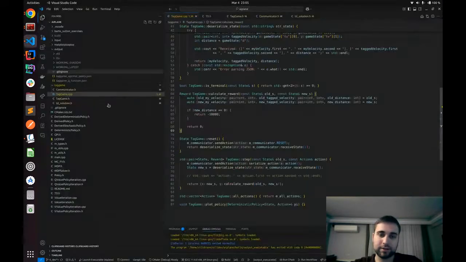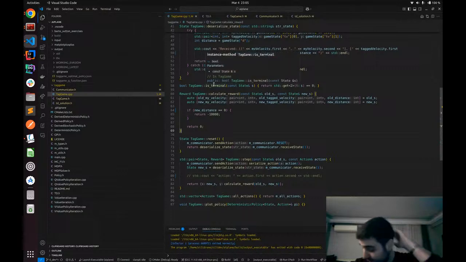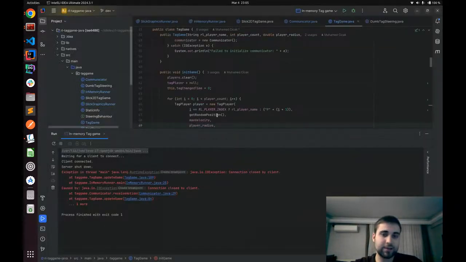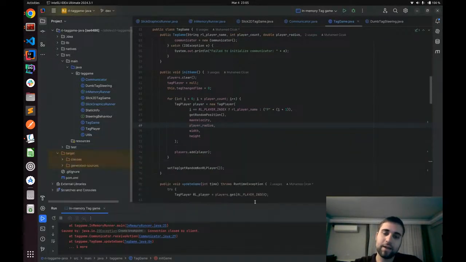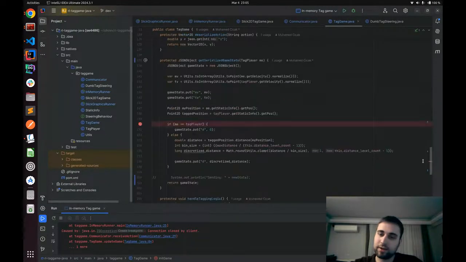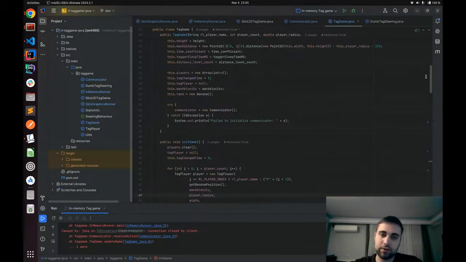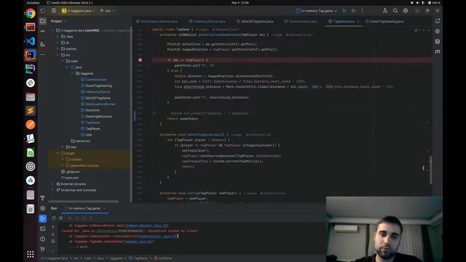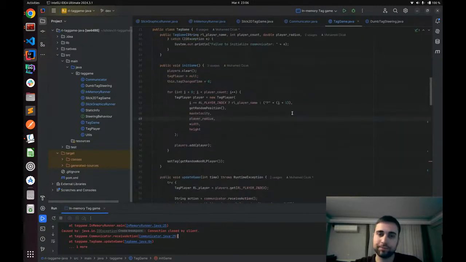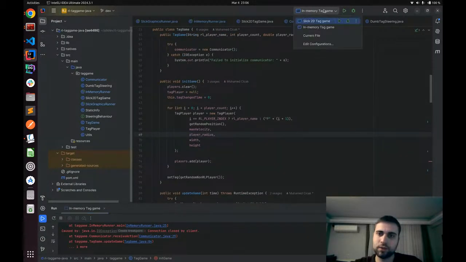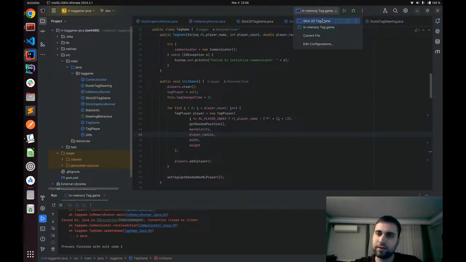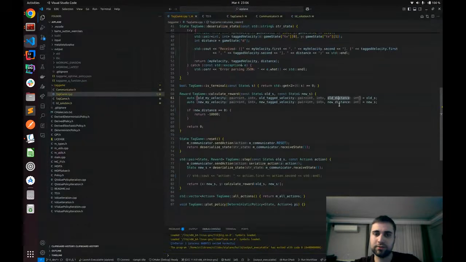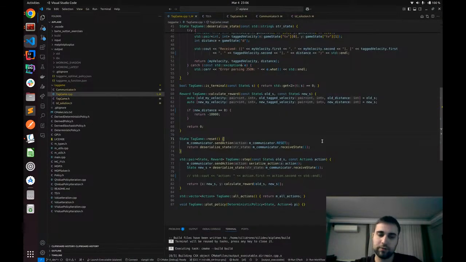Oh, by the way, the whole RL thing is implemented in C. The tag game itself is in Java. Rendering really slows things down, so I'm trying to run the game in memory, meaning no visuals. Because the game works fine with this type of running, I should be able to demonstrate that.